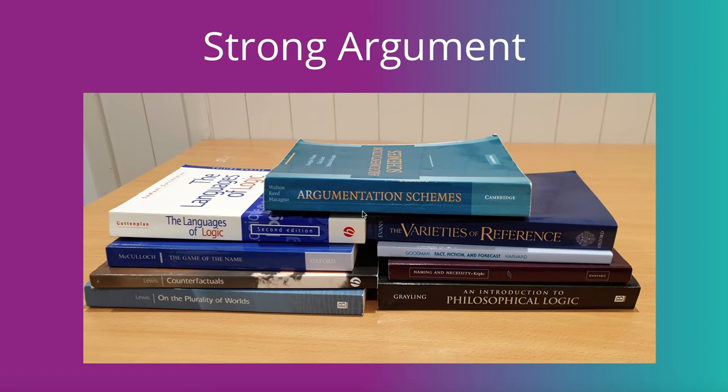Making sense of arguments is the job of argumentation theory, to study and classify the ways that arguments work. There are millions of arguments, but there are not millions of ways of making an argument. So we've taken the theory and simplified it.